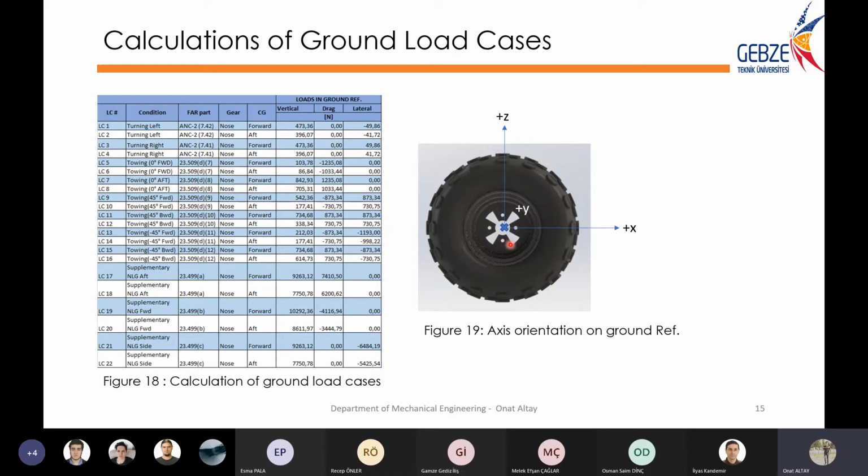The standards are like lateral force equals some coefficient times the static force. When I applied the coefficients, the results are given in figure 18.